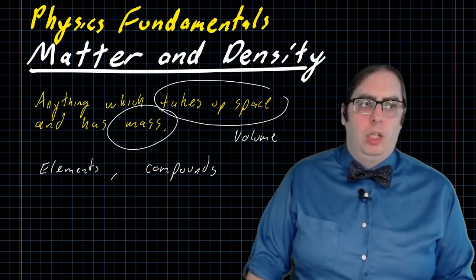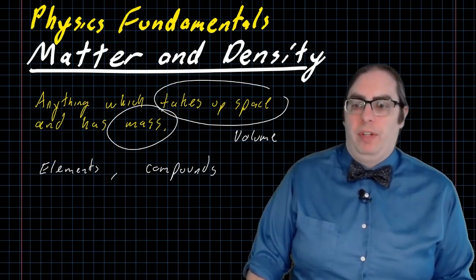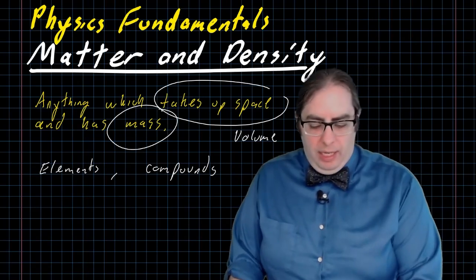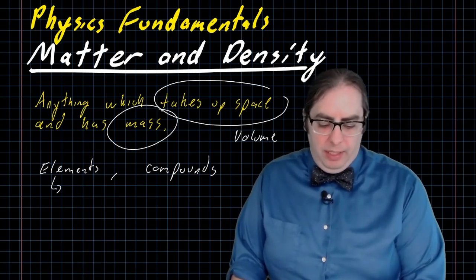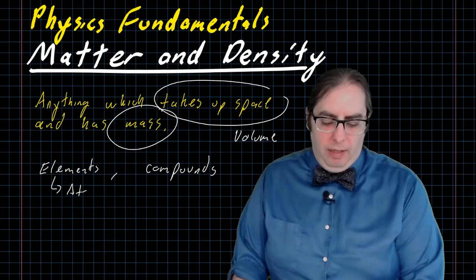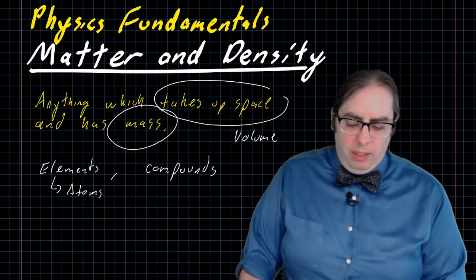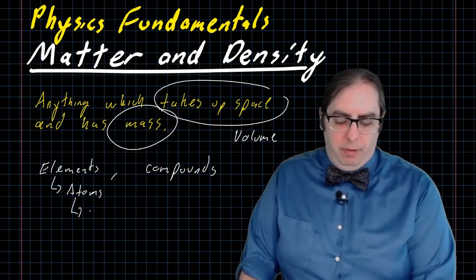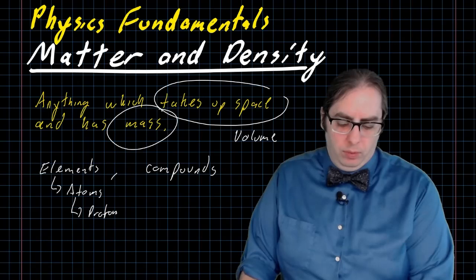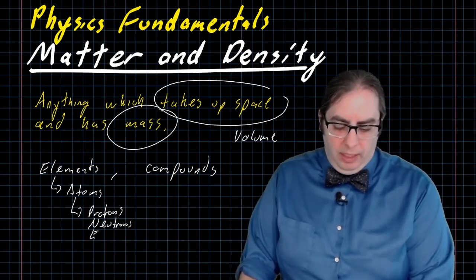Compounds are comprised of multiple different kinds of elements. At the smallest bit, an element is made up of atoms. And of course, atoms themselves are made up of protons, neutrons, and electrons.